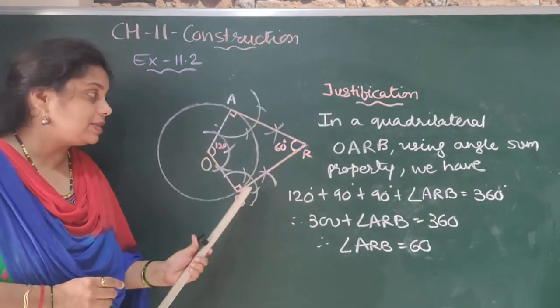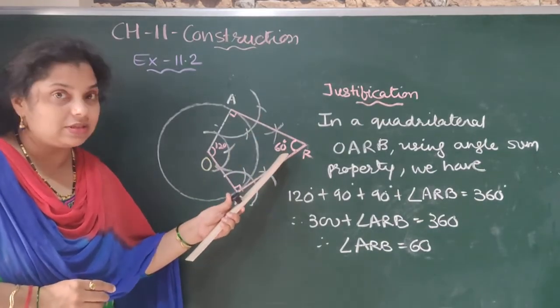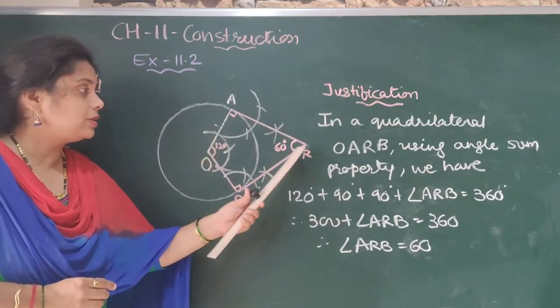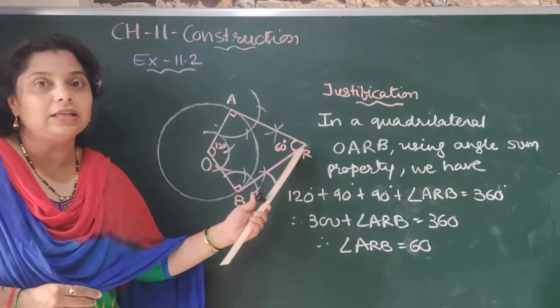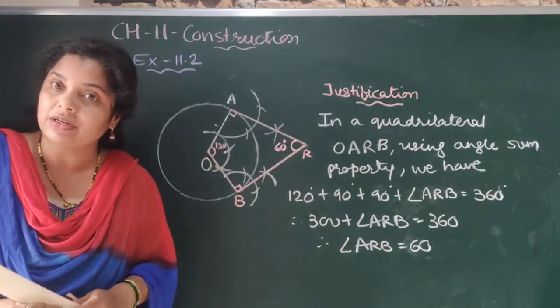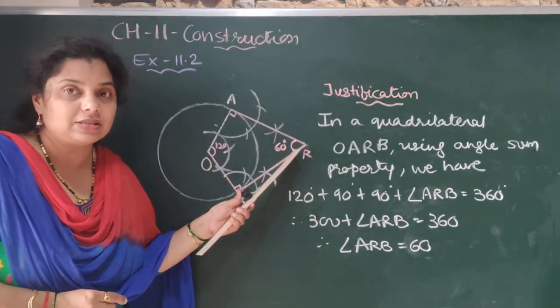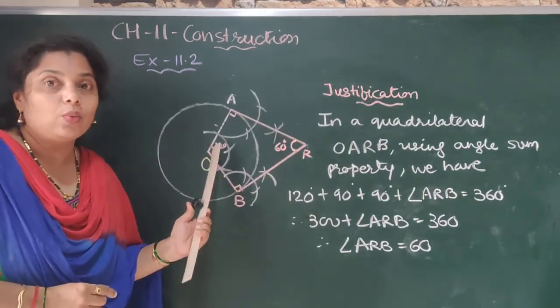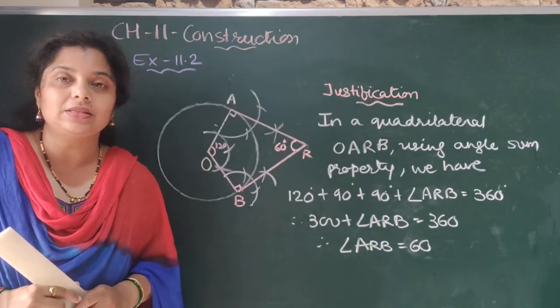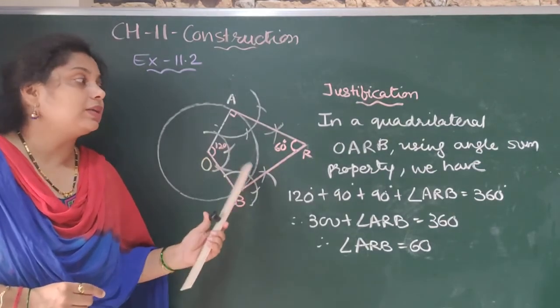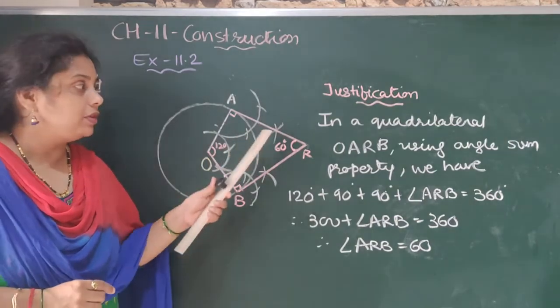This is 90 plus 90, this is 75, and as you know the opposite angles in a quadrilateral are supplementary, so it is 180. So out of 180, 75 is this. So how much is it? 105.